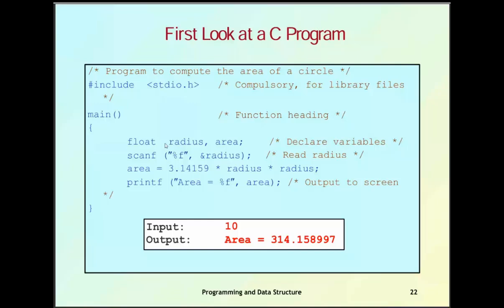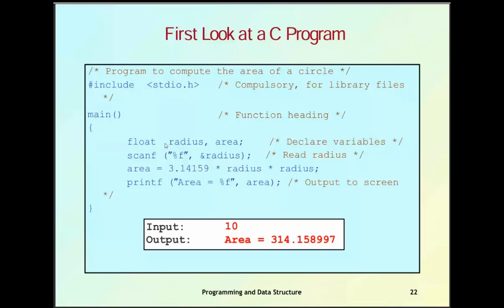For example, a radius could be 30.5 centimeter, or 25.9 centimeter. Similarly, the area corresponding to this given radius can also be a real number.